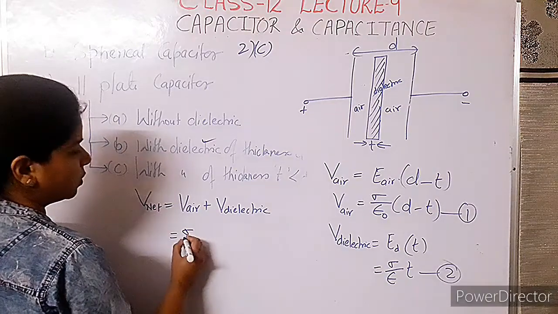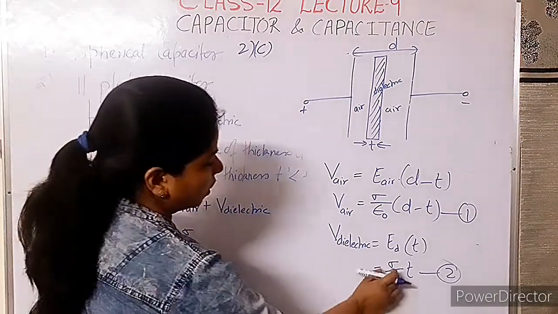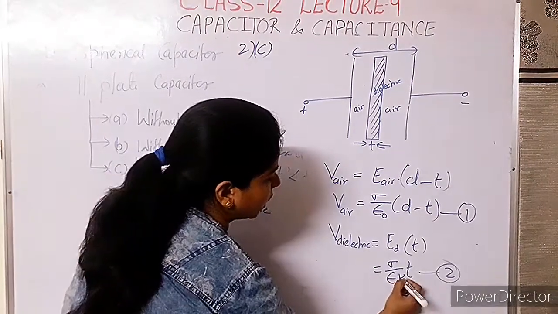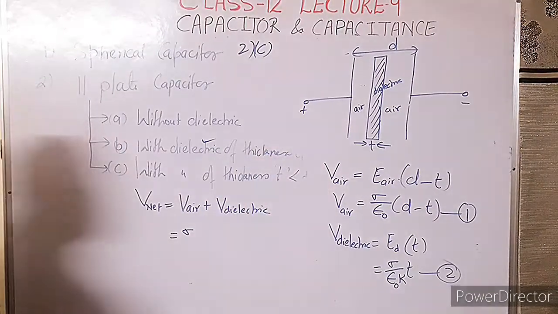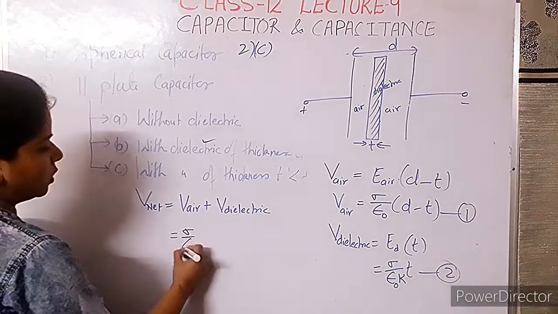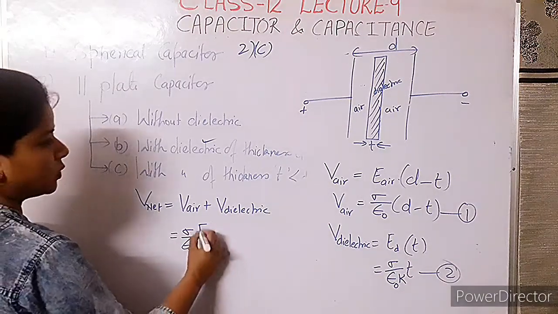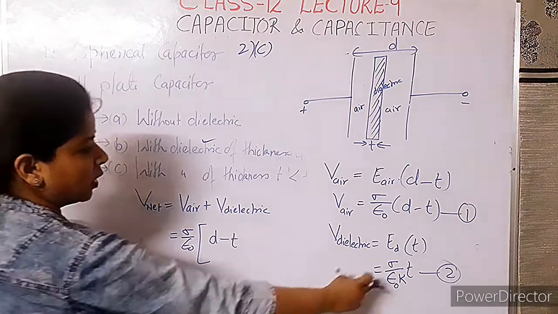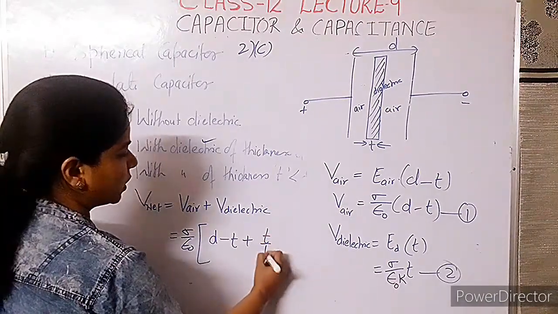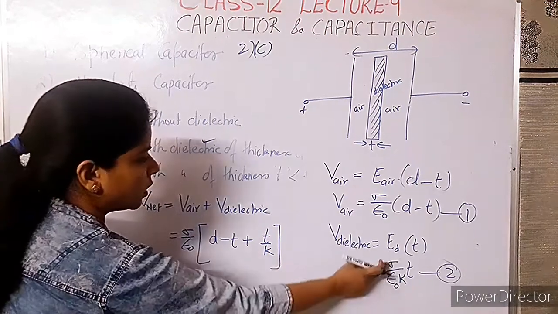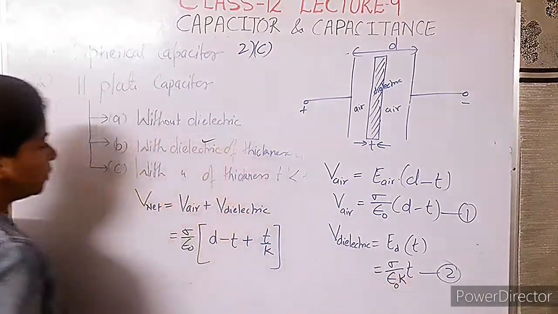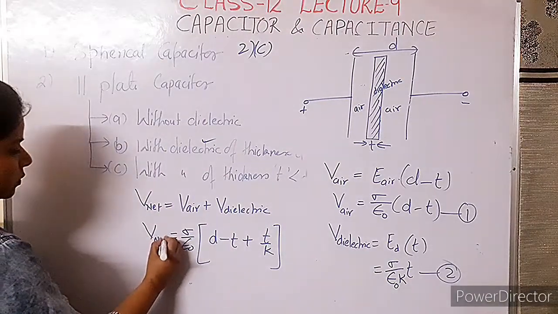You know that epsilon is equal to epsilon naught K, where K is the dielectric constant. So we can take out the common term epsilon naught. Then for the air term D minus T, and for this term plus T by K. You can see sigma over epsilon naught we have taken common, so the remaining term is T by K. So this is V net.